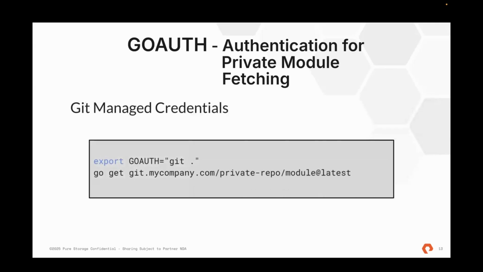We can also use it for Git managed credentials. What does this mean? Now Go will know when it's set to git that we want to use Git to authenticate our private modules. So now when we run go get, Go will immediately look at the directory, use the credential helper that we have set up, and from there, run git credential fill.